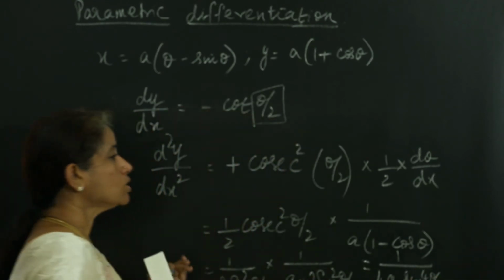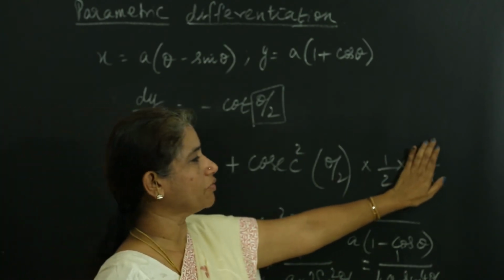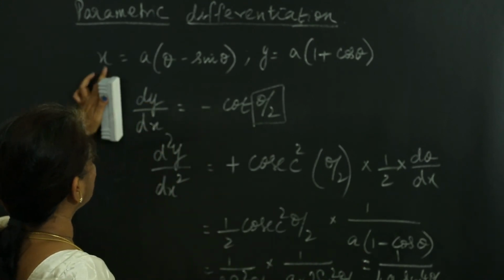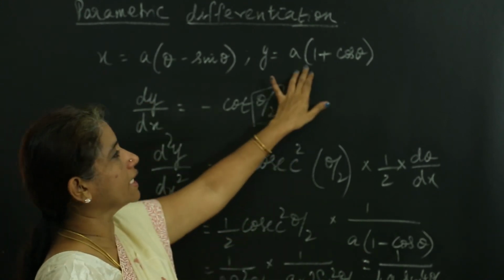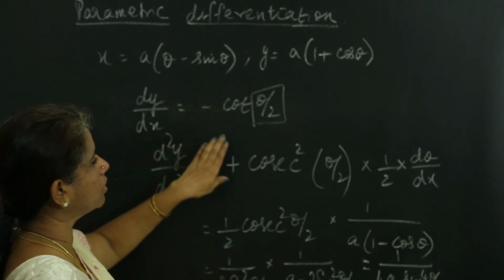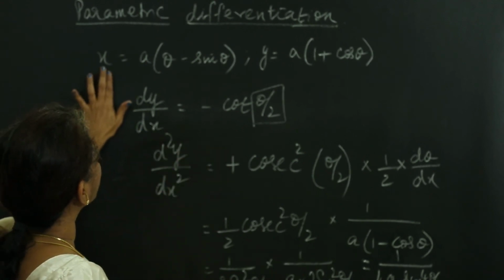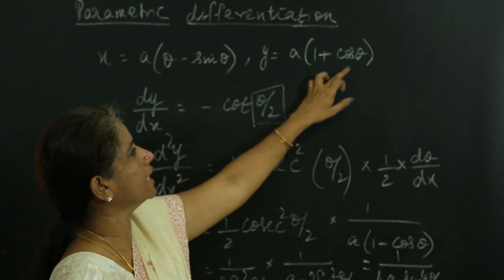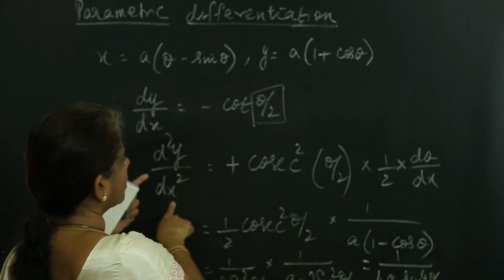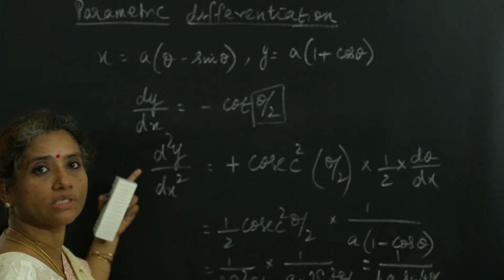So when you are differentiating the second time, you must be careful to write this, that's all. Okay, and please remember, you cannot do the second derivative of the numerator and the second derivative of the denominator and divide. You are supposed to go from the first derivative step only to the second derivative step. It is not correct if you do the second derivative of this line and the second derivative of that line and divide, because once you do that, you will not get d square y by dx square, you will get d square y by d square x, which is not correct.